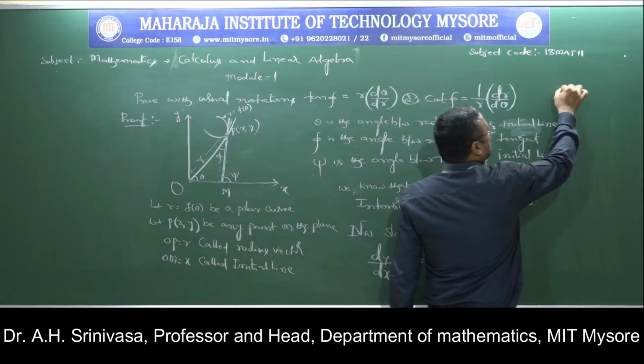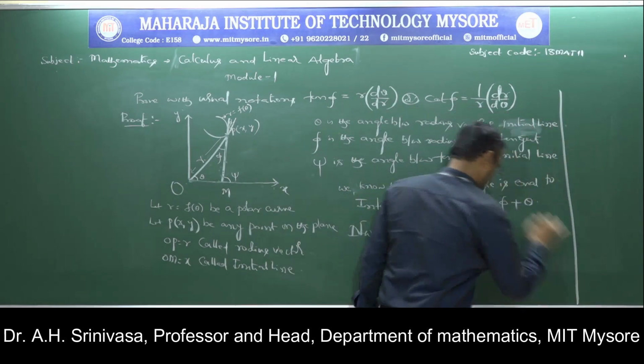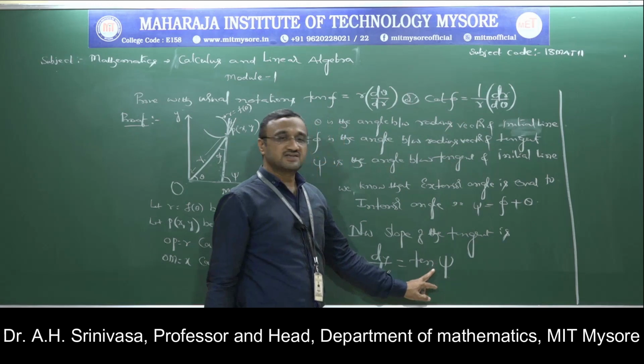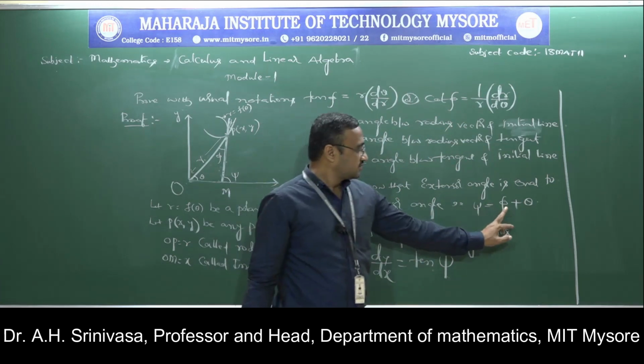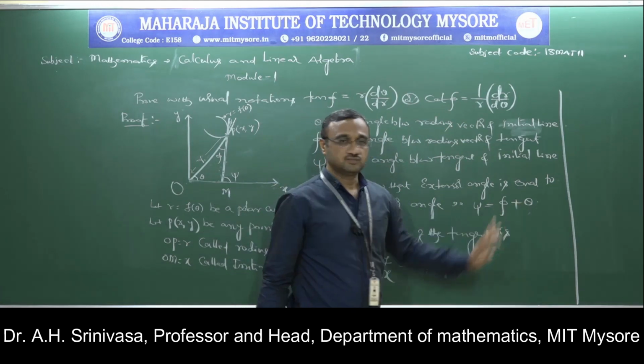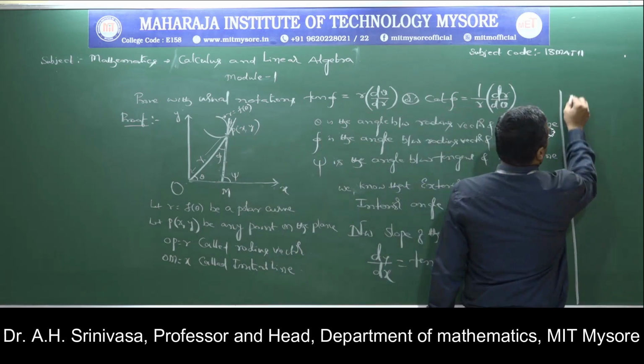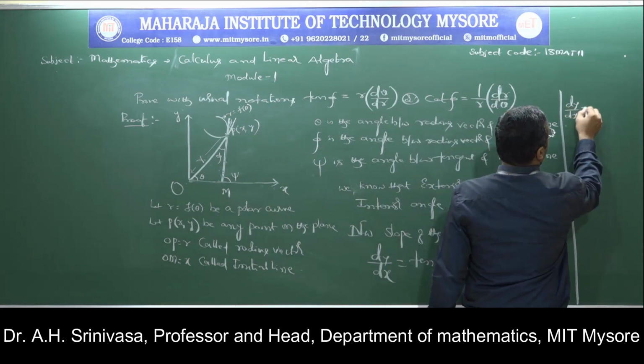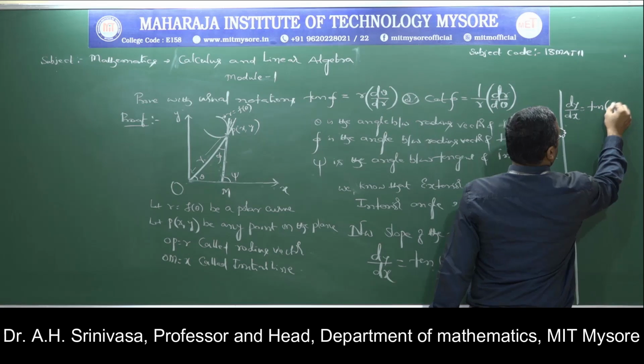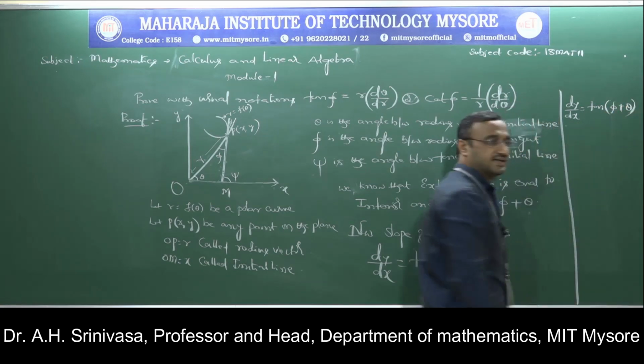Now, just write down in place of psi, phi plus theta. That is your dy by dx equal to tan of phi plus theta.